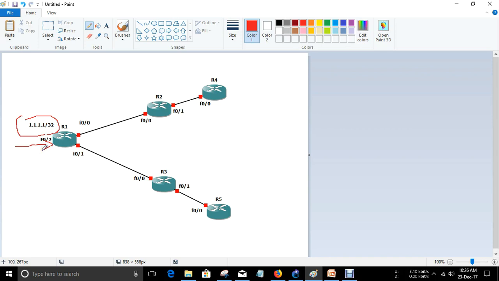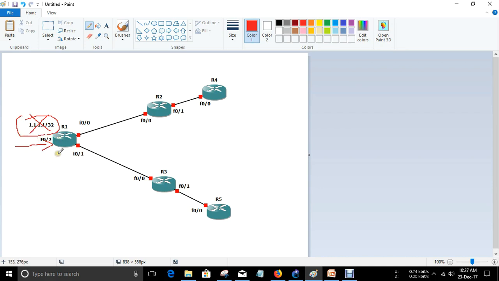Suppose due to some reason this network, 1.1.1.1/32, is removed from the table. So R1 doesn't know where the network is, and it will send a query to other neighbors. The route had been received on this interface for a long time, but now it doesn't have information on how to reach it.